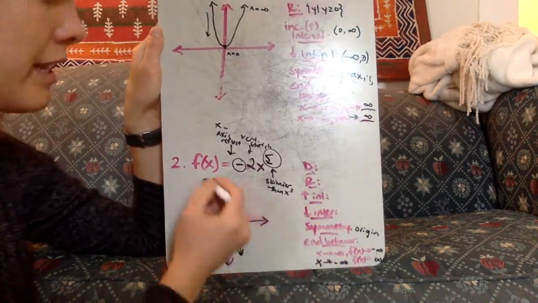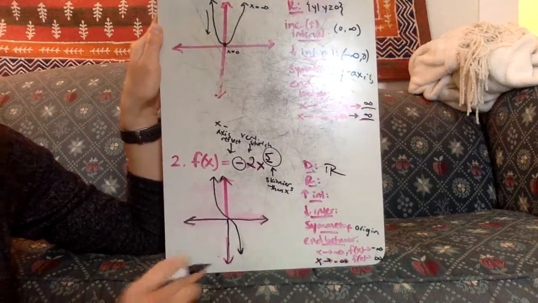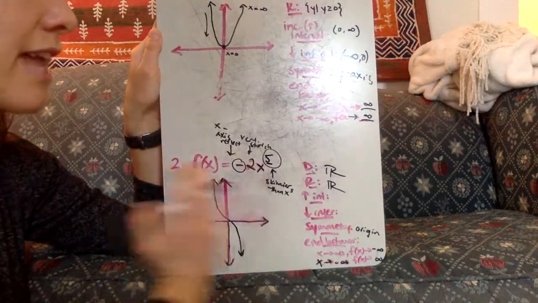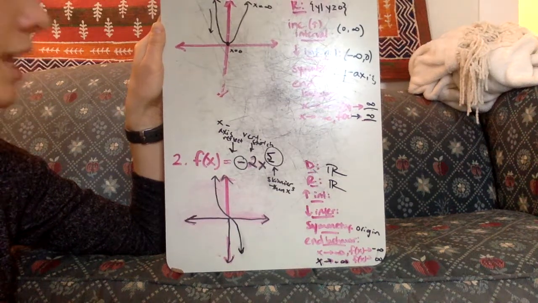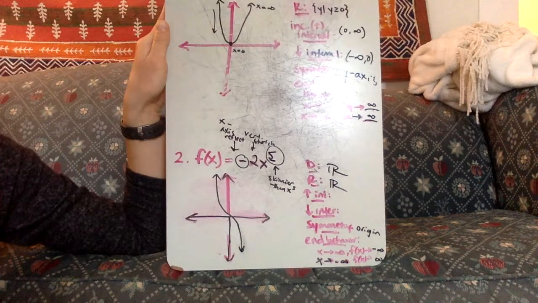And so my domain here, I have all real numbers. My range here, again, all real numbers. So I have all y values and all x values accounted for here. And then I can describe my increasing and decreasing intervals.